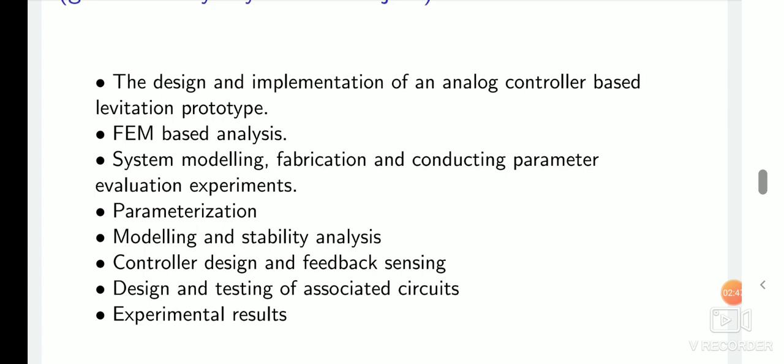Once the third step is completed, the fourth step is electromagnetic analysis using FEM software, ANSYS Maxwell. From the electromagnetic analysis we will get a clear idea about the flux density, flux intensity, and the nature of the flux. After that, the fifth step is parameter evaluation.